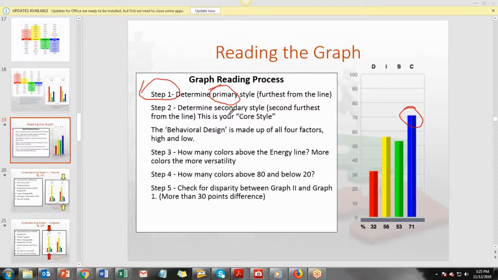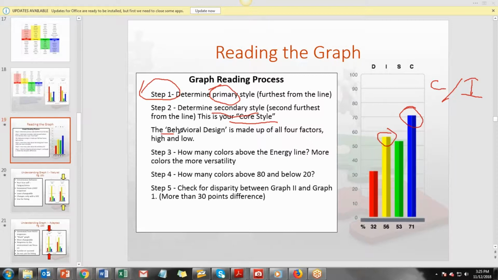Step 2 is the secondary style, and that's usually the second tallest line, which in this case is I. And then you determine the core style, which is going to be a C over I. So again, the primary style is the tallest color, the secondary style is the second tallest, and the core style is the top 2 colors of what the graph shows.